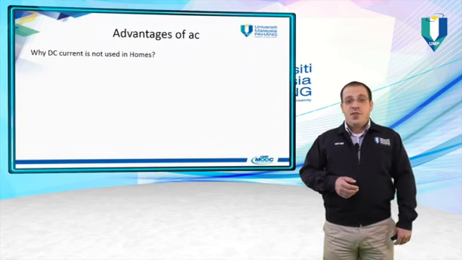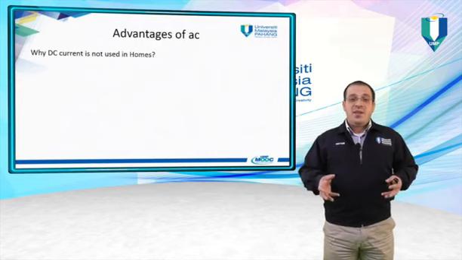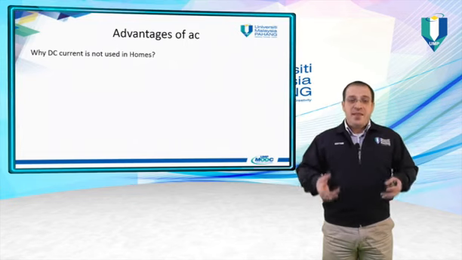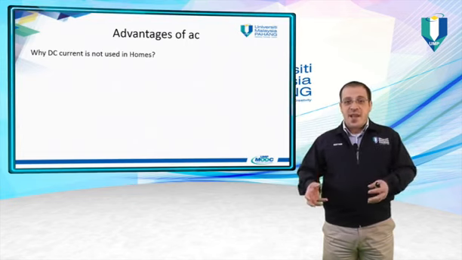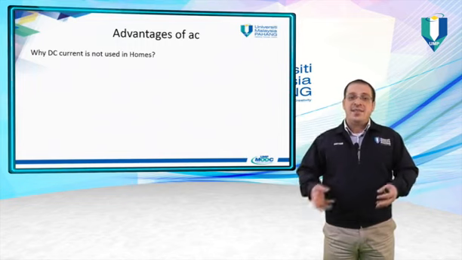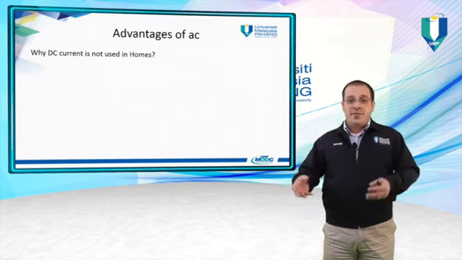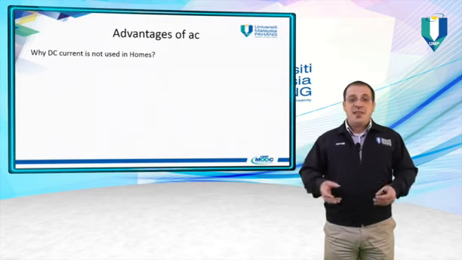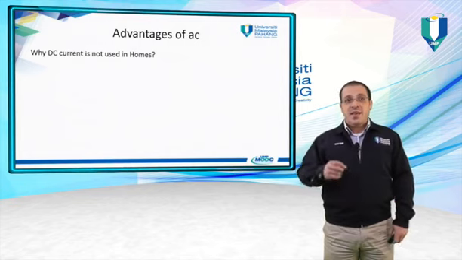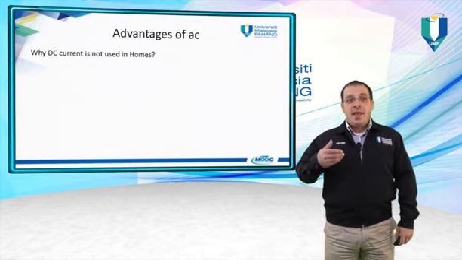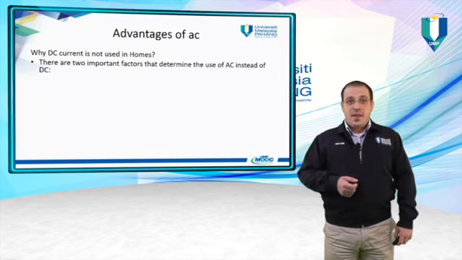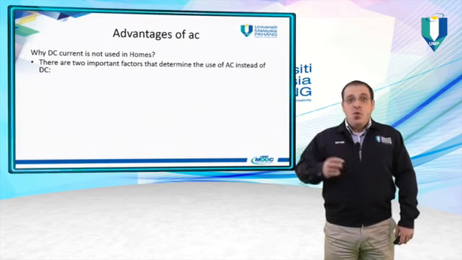Now, before we finish this module, somebody may ask why we are using AC if by definition we say that this AC plug is giving us the same power as the DC plug, which is 240, and we use the DC as our reference. Actually, there is a very important thing that makes us use AC, not DC, in our homes. There are two important factors.